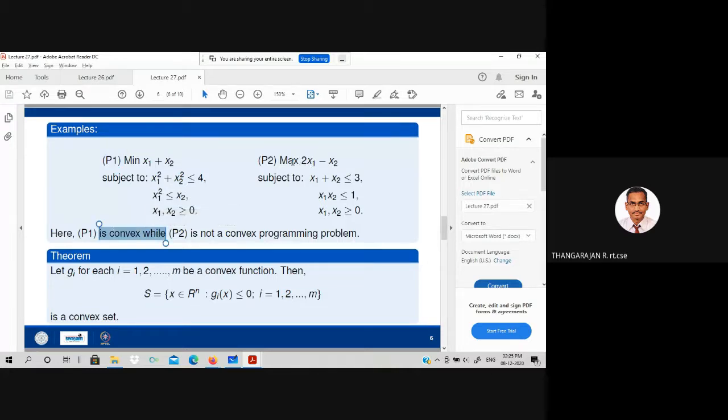If you take problem 2, here also f is linear, but this is maximizing. You are trying to maximize. When you are trying to maximize, f is linear, and this is convex. So both are convex, but you are trying to maximize. You can refer to the previous slide.